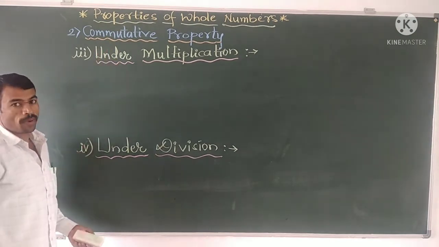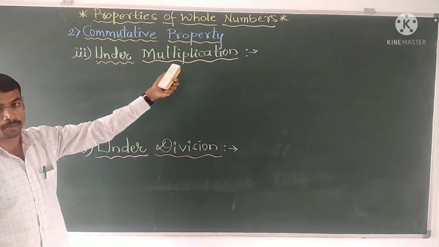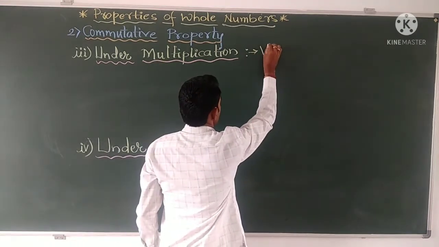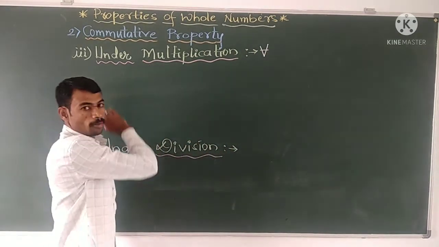Next we apply the commutative property of whole numbers under multiplication. Here we need to write a general formula for the commutative property under multiplication.